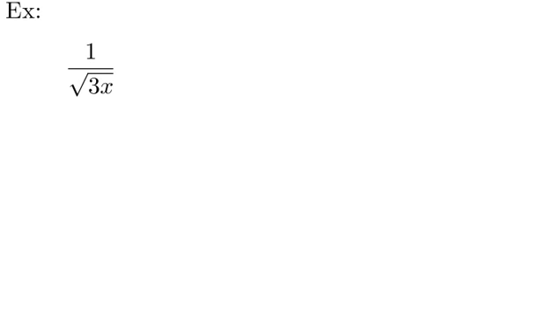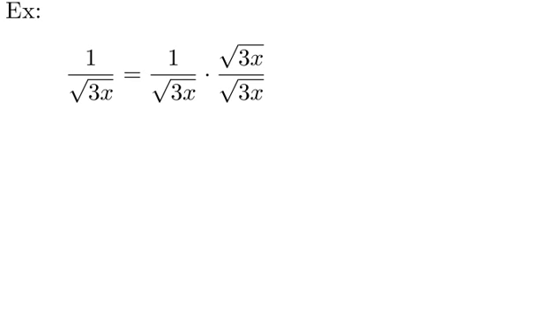Well, we go ahead and we multiply by square root of 3x. Okay, so square root of 3x times the square root of 3x, well, that's just going to equal 3x, but we're also going to have square root of 3x on the top.